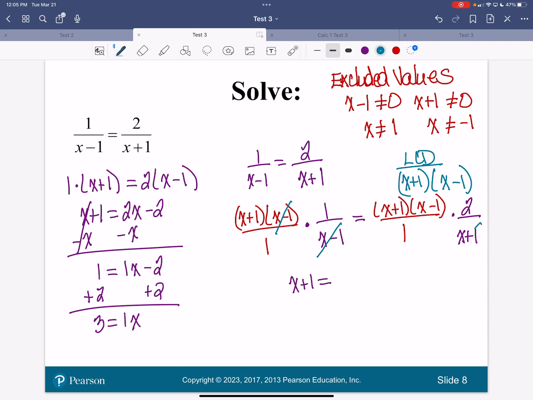I can cancel here, and I'm left with 2 times x minus 1. Okay, and then we just solved that equation. So you're going to get to the same place regardless of which method you use. Okay, you'll get to the same spot either way.